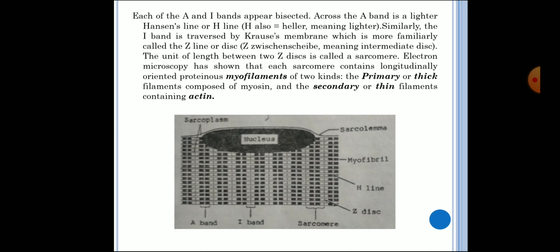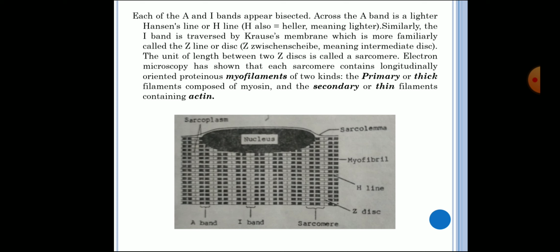The myosin filaments are about 1.6 micron long and nearly 15 nanometer thick. They are restricted to the central portion of the sarcomere, that is in the A band. The actin filaments are about 1 micron long and 7 nanometer in diameter.